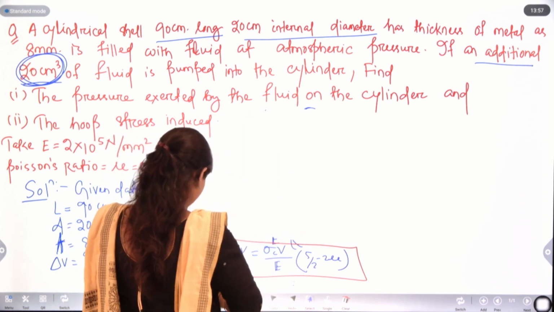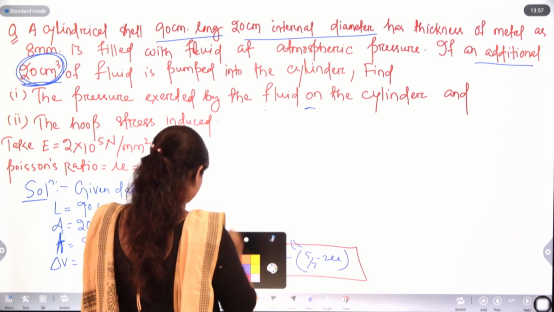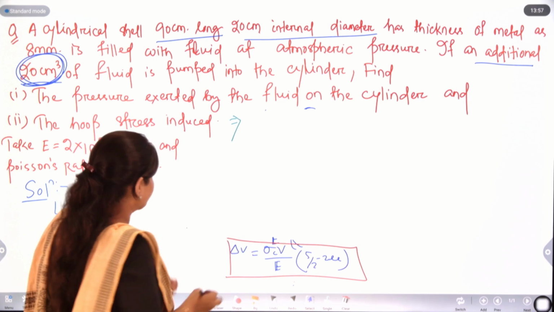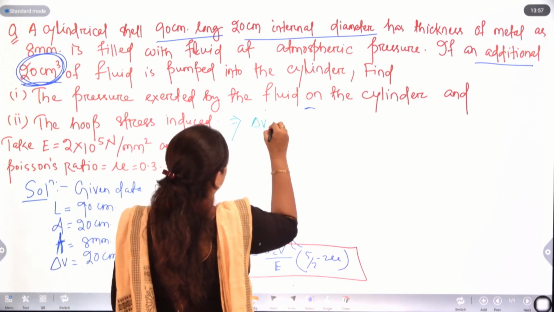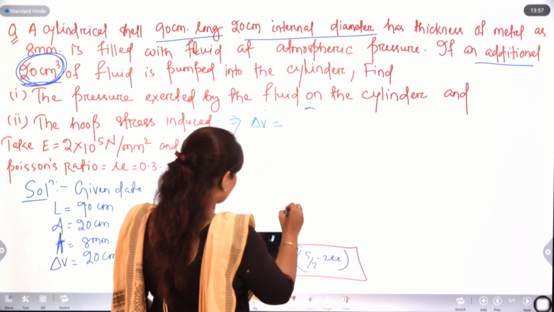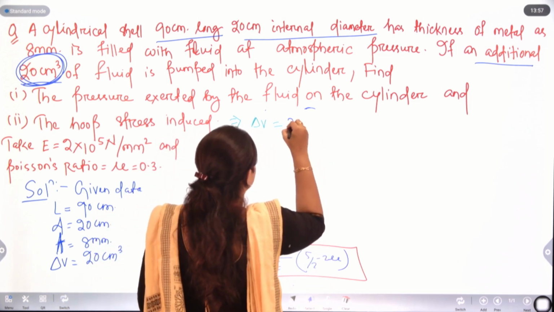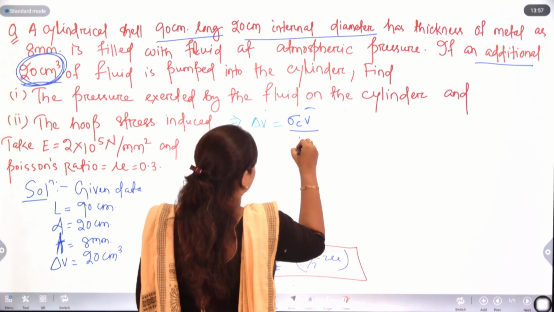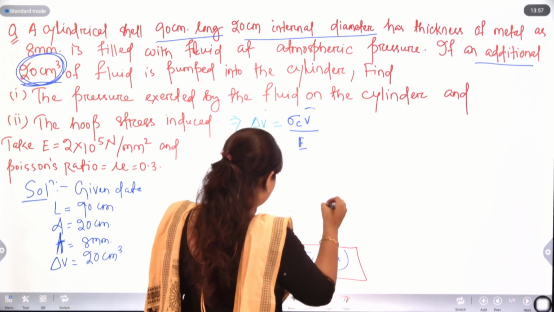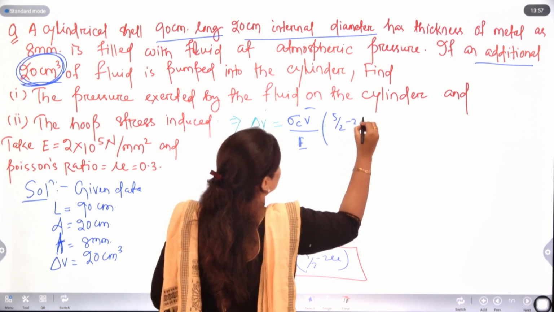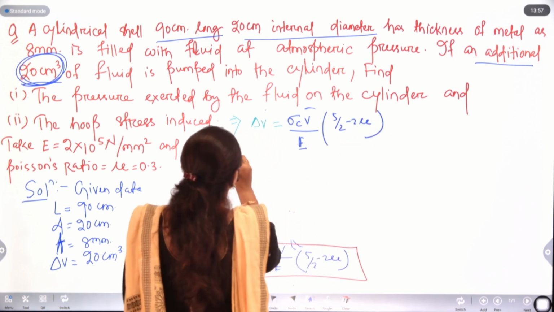Now by putting the value, del V equals sigma C into V by E into 5/2 minus 2 mu, right?